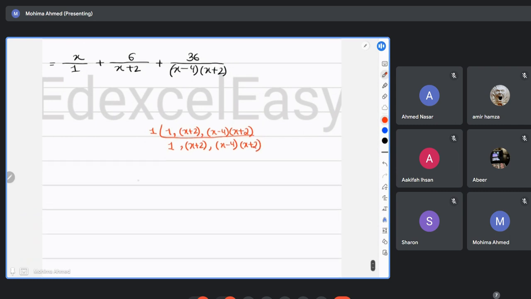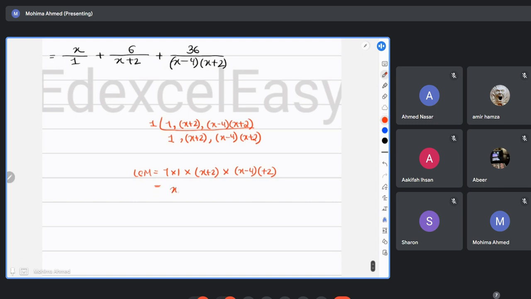At the end of the day, if you're going to find out the LCM, 1 multiplied with 1 multiplied with x plus 2 multiplied with x minus 4, x plus 2. Eventually, 1 multiplied with 1 doesn't change anything, right? At the end, you're going to get x plus 2 whole square, x minus 4.